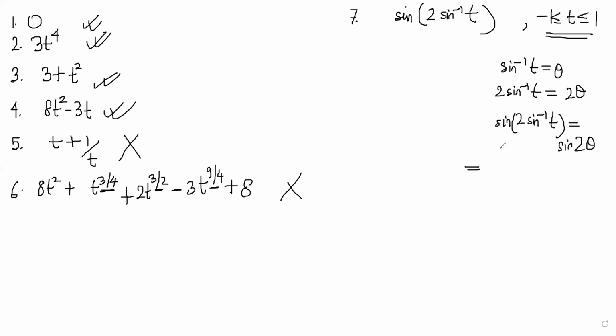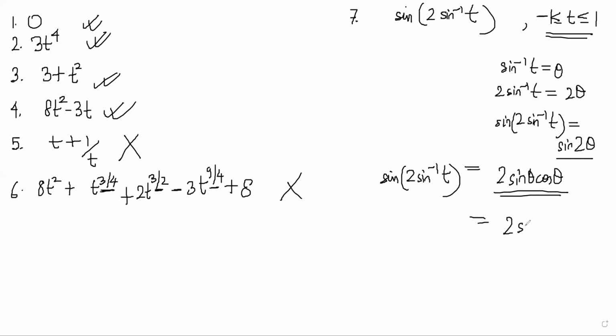If you know your trigonometric identities, sine 2 theta is equal to 2 sine theta cos theta. This can be written as 2 sine theta root over 1 minus sine square theta.